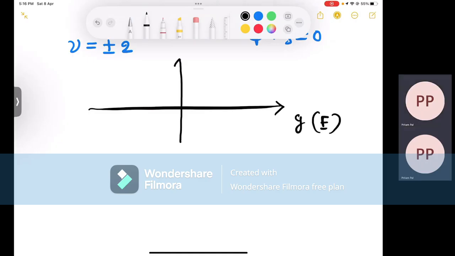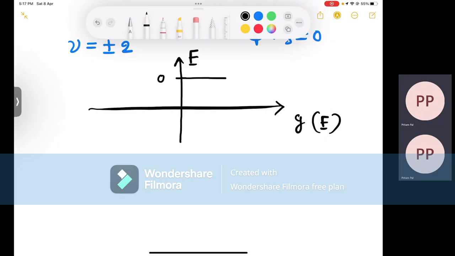So we can draw this on the density of states, I mean, energy versus density of states. So this is, let's use 0. There will be the energy level.